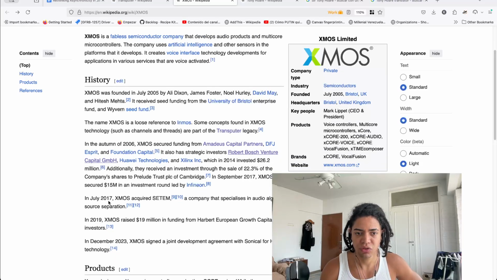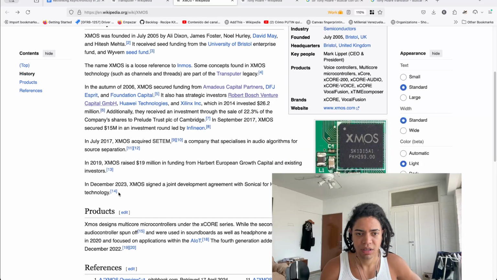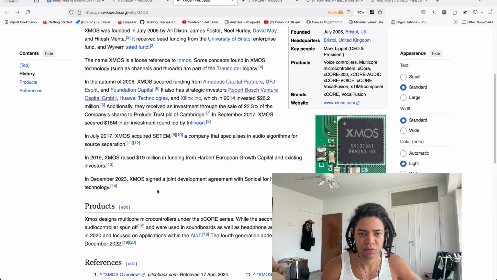In July 2017, XMOS acquired Setem, a company that specializes in algorithms for audio source separation. In 2019, XMOS raised 19 million in funding from Huawei, European Growth Capital, and existing investors. And in December 2023, XMOS signed a joint development agreement with Sonical for Headphone 3.0 technology.